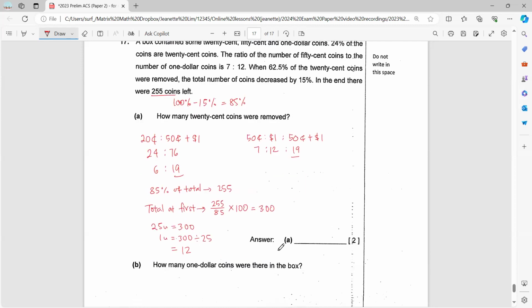Then 6 units, the 20-cent coins at first, is 6 times 12, 72. So how many were removed? How many 20-cent coins were removed? 62.5% of that. 62.5% times 72, which is 45.